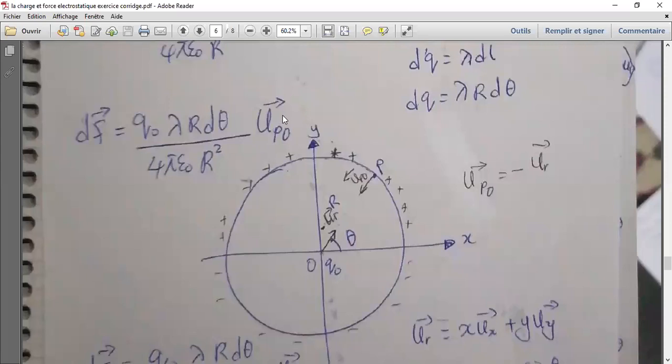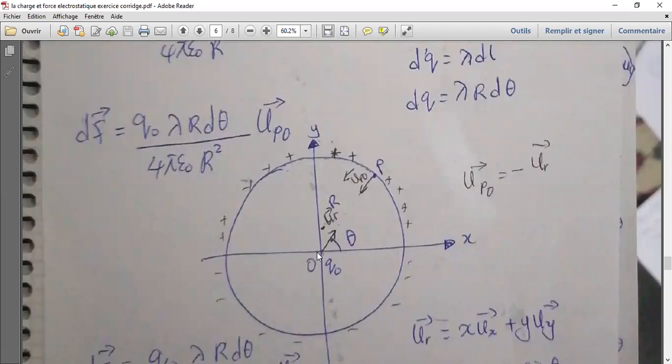But since the force is created here, I have to change it in terms of its opposite direction.